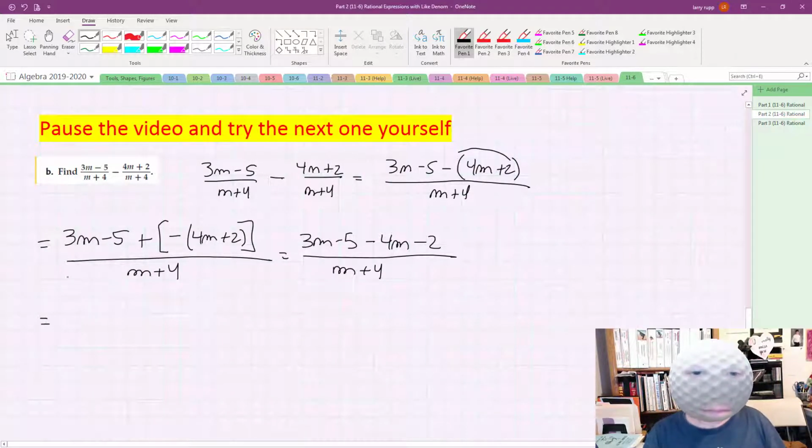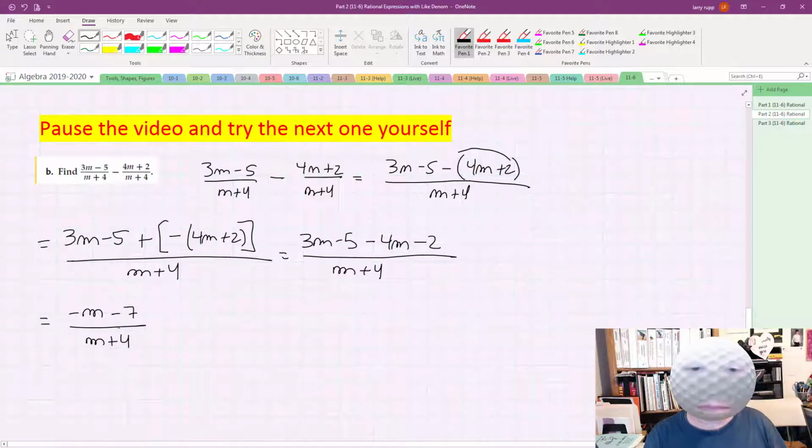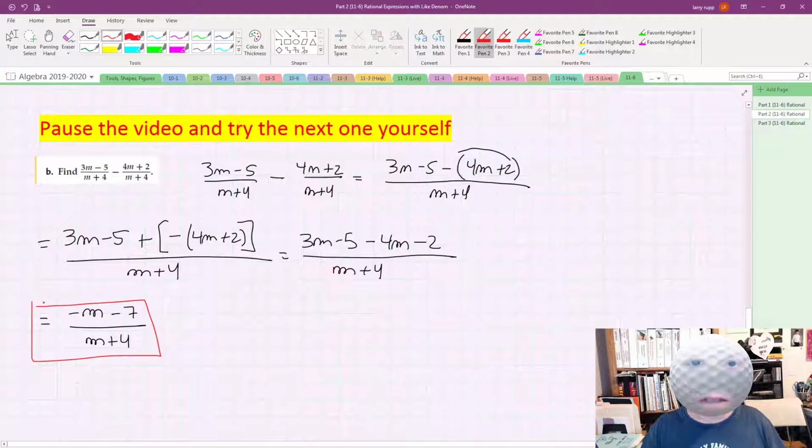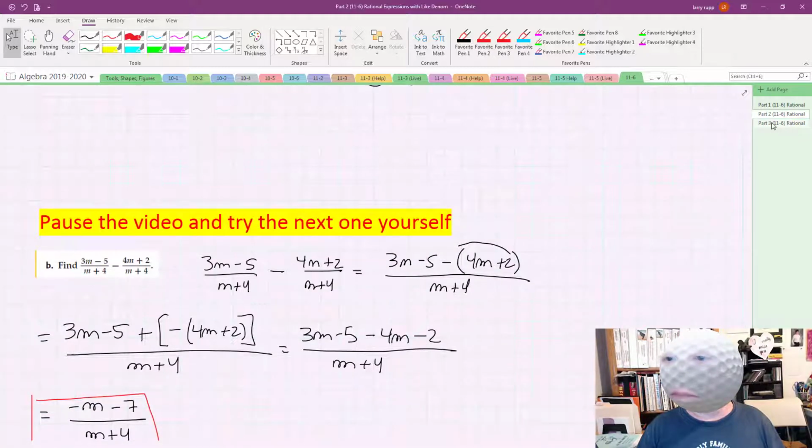Okay. So now combining like terms, 3m minus 4m gives you a negative m, and negative 5 minus 2 gives you negative 7, and that's all over m plus 4. Okay, and that's your answer. Just like that. Moving on now.